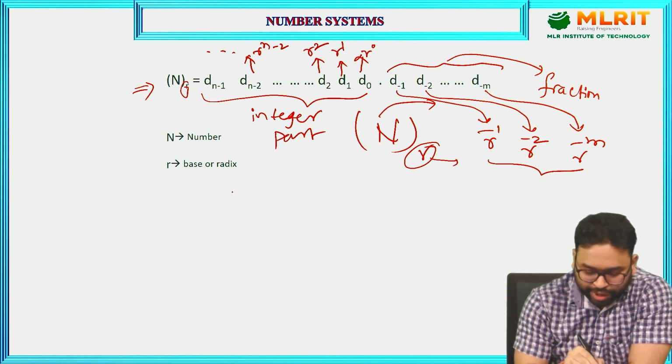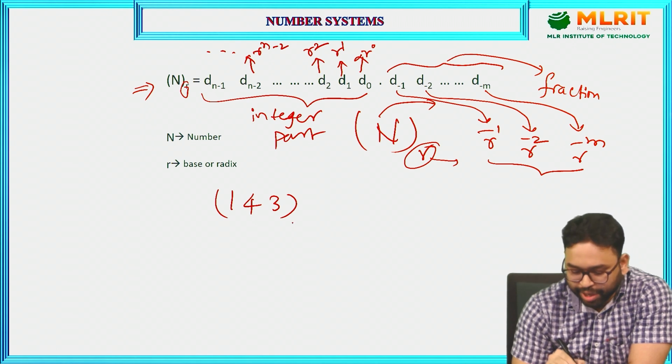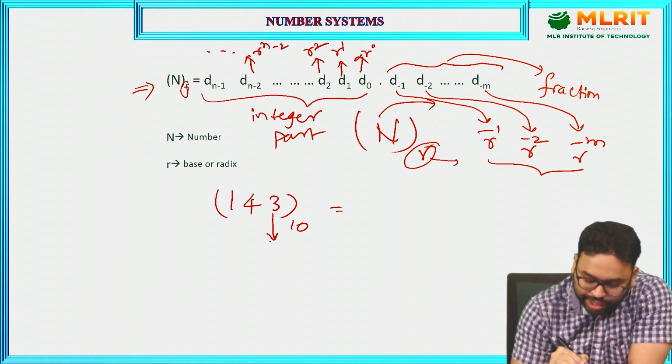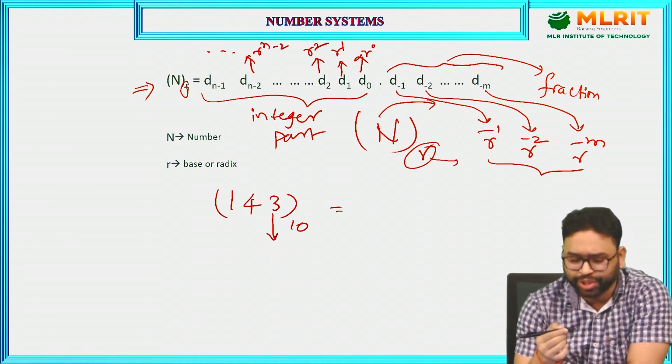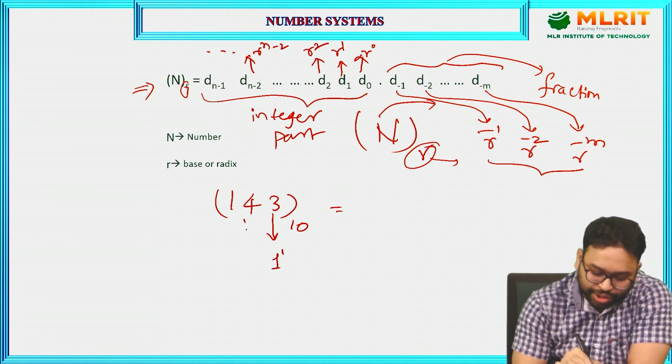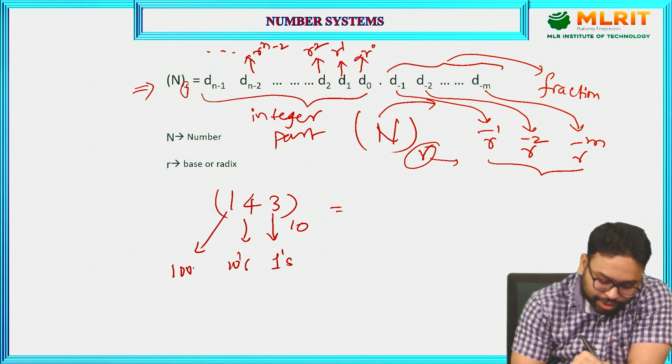For example, if I consider the number 143, its base value is 10. In that case, for these digits, we usually call this the ones position, here it is the tens position, and here it is the hundreds position. How exactly are we calling this?